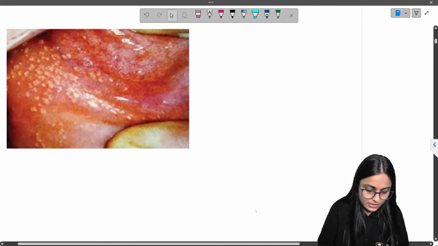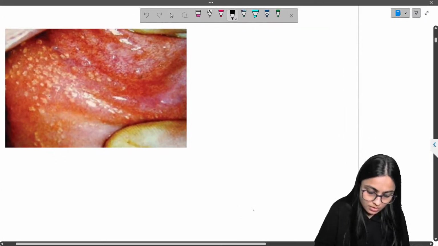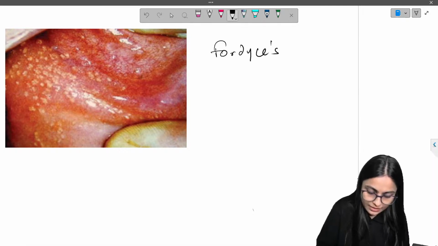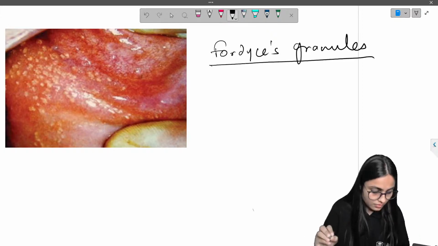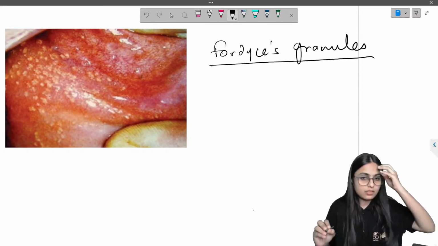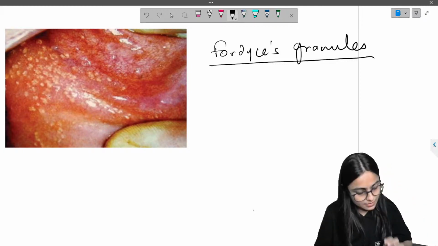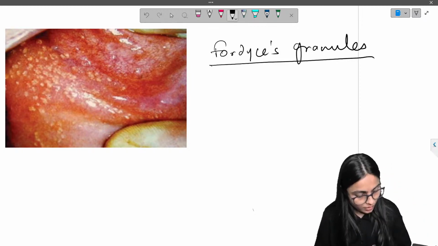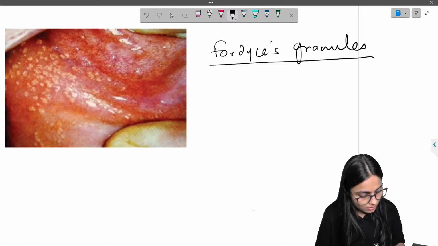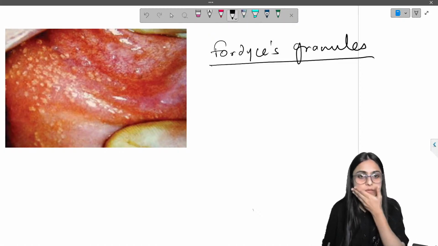Let's move on to the next lesion, which is Fordyce granules. Everybody with me? I want active participation of all. Yes, okay.